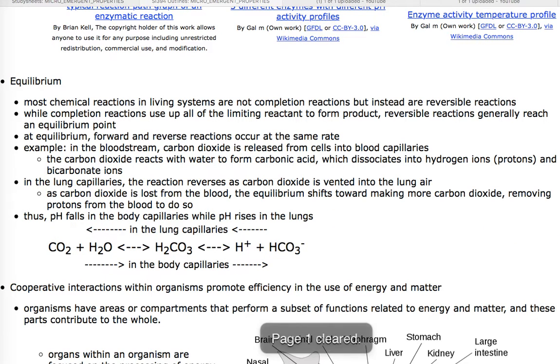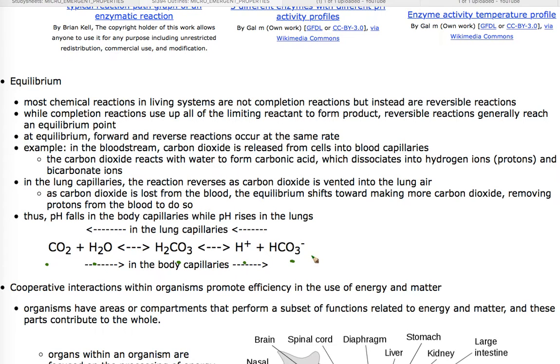So let me summarize that one more time. In the body cells, carbon dioxide is being made by the Krebs cycle in your mitochondria. Its levels are generally high. It reacts with water, it forms carbonic acid, which in turn reacts to form protons and bicarbonate ions.